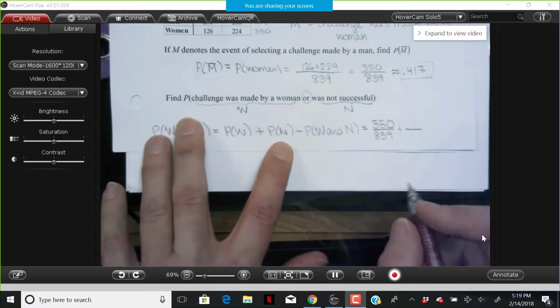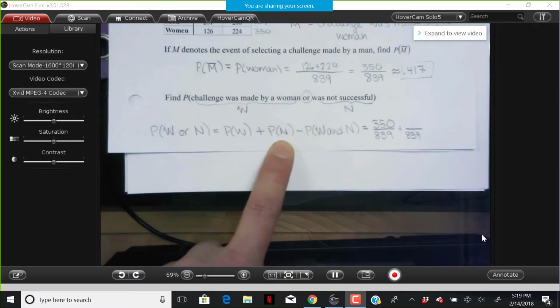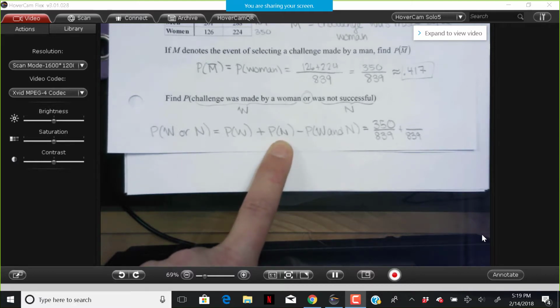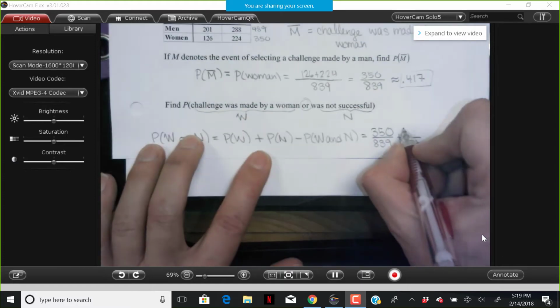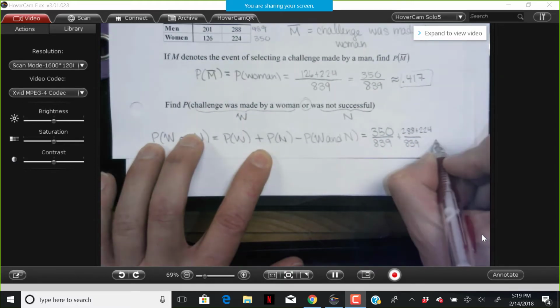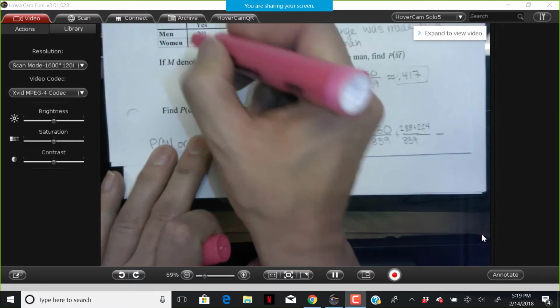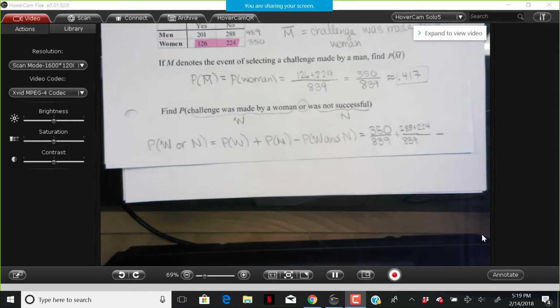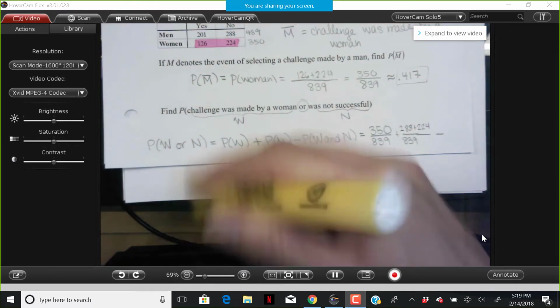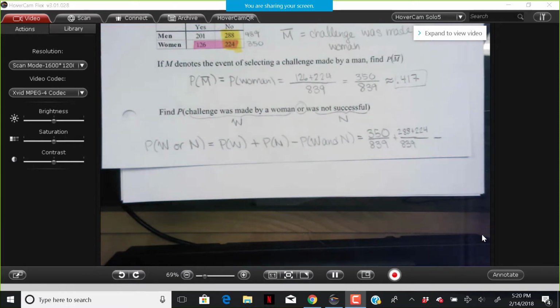Okay, not successful. Okay, well, I know 839 is going to be in the denominator. What's going to be in the numerator? What numbers are we using? 288 plus 224. Yep. But then, okay, so when we do that for the women, we did these two numbers. For the not successful, we did these two numbers, which means we've used the 224 twice, right?